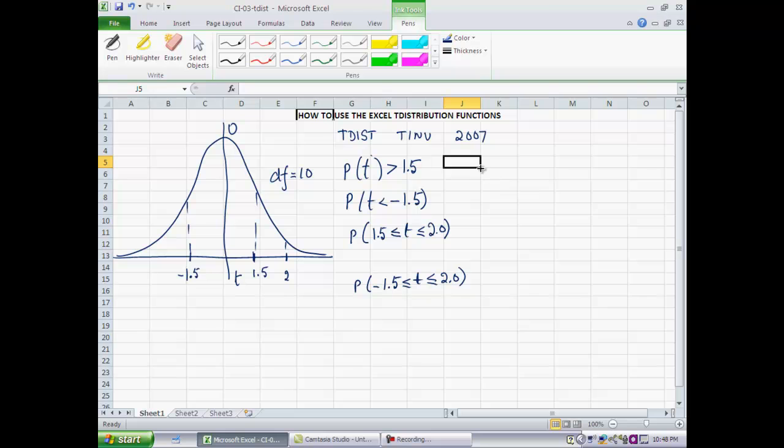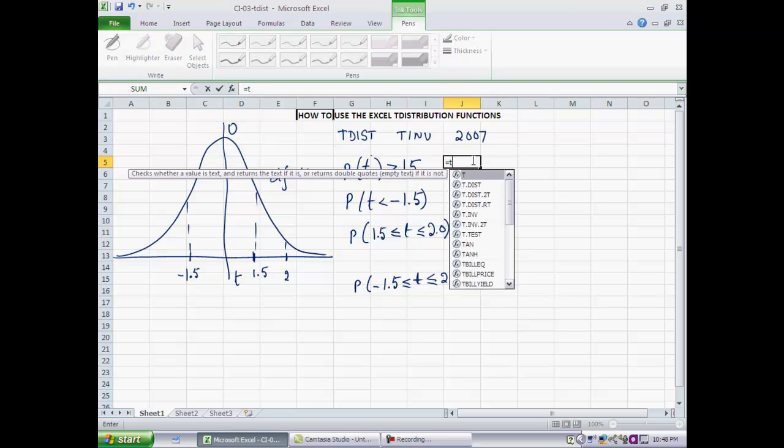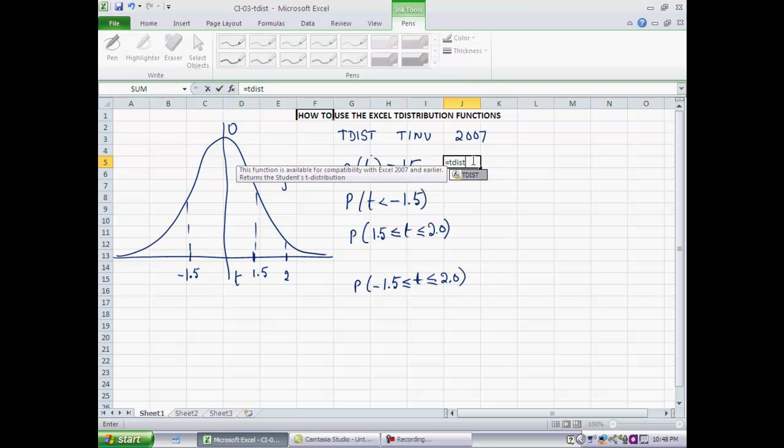So since I know my position on the x-axis and I want the probability, I will use T.DIST. So it says, okay, what's your position on the x-axis? It's 1.5. Degrees of freedom for all the problems that we are working here for this tutorial is 10. We'll just assume it's 10.